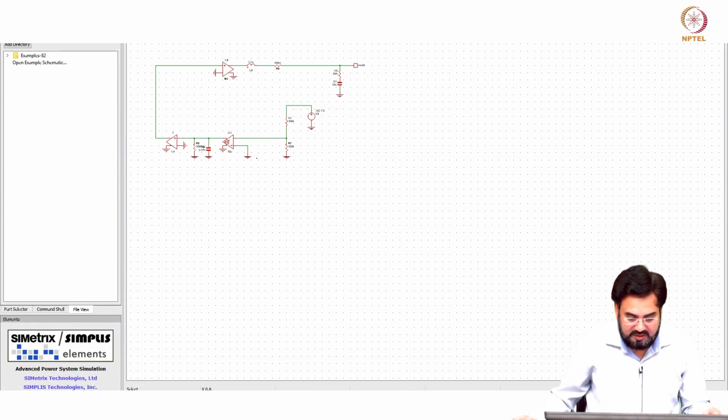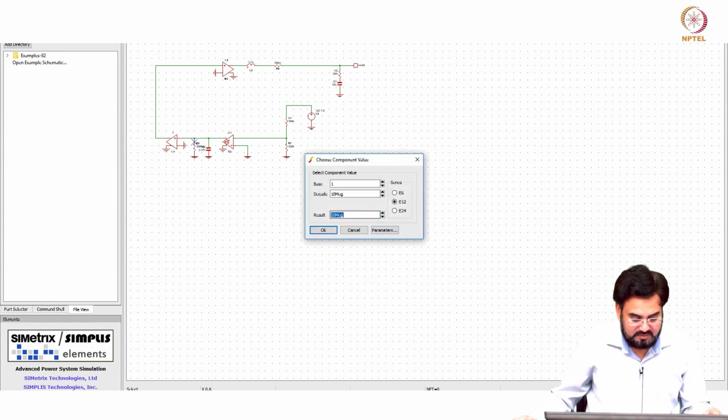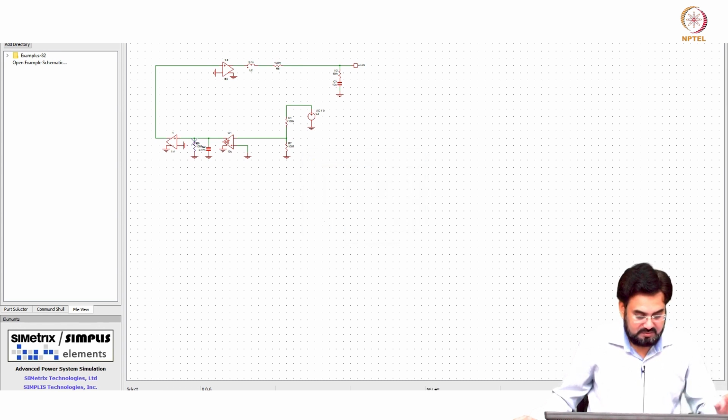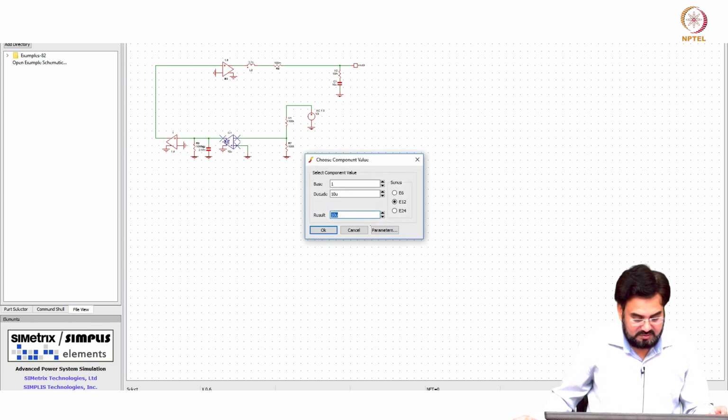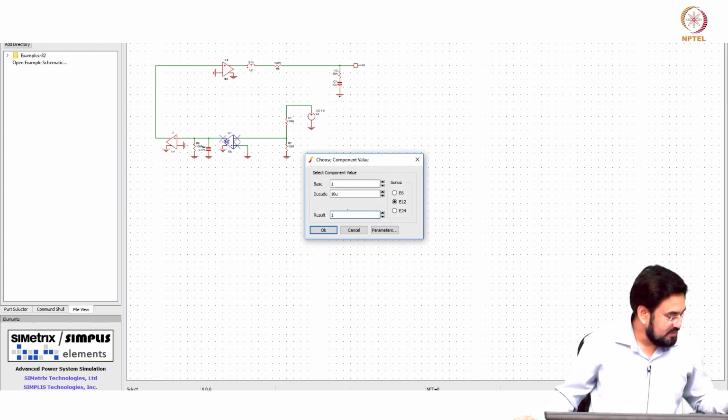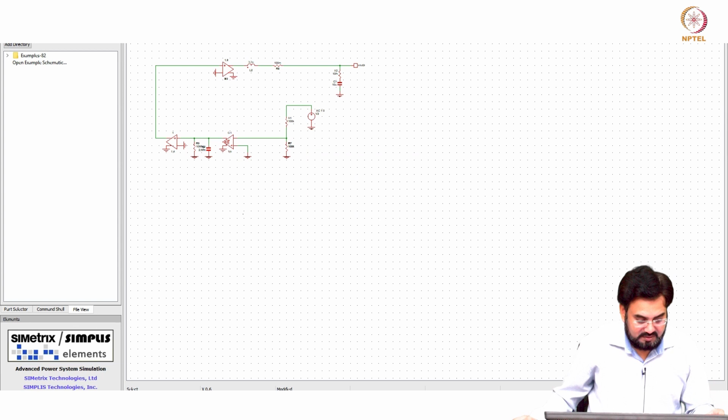So, this was your type 1, we want to convert it to type 2. So, the values we are taking, this 1 milli, okay, and so before we add this, we want to look at the uncompensated response.